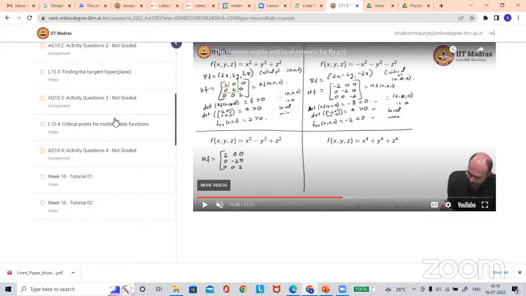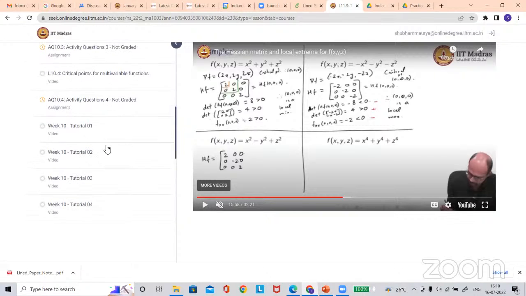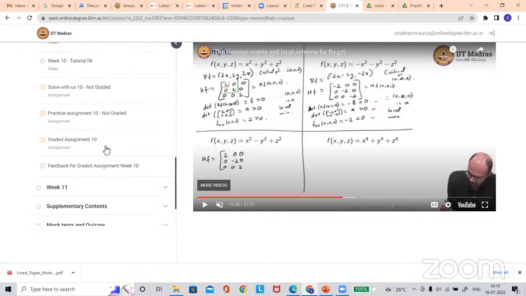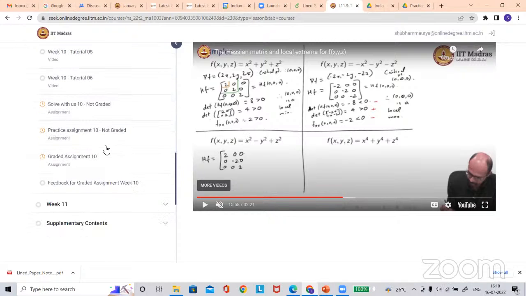Can you tell something about first principle? Where to use first principle and where to use another method for multivariable?